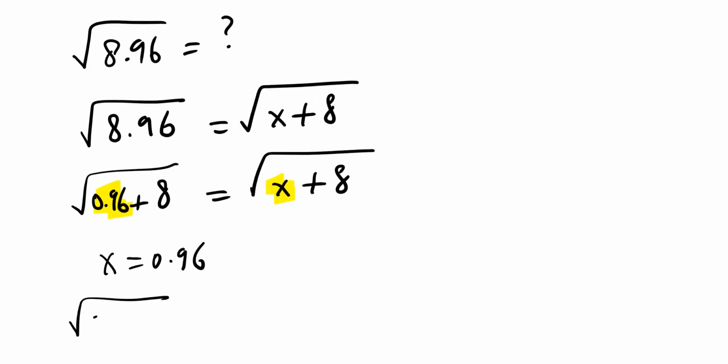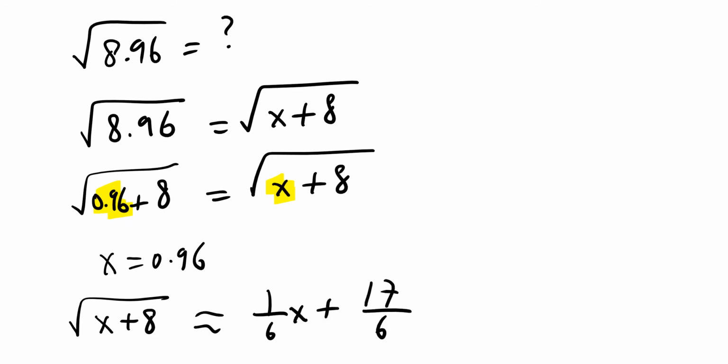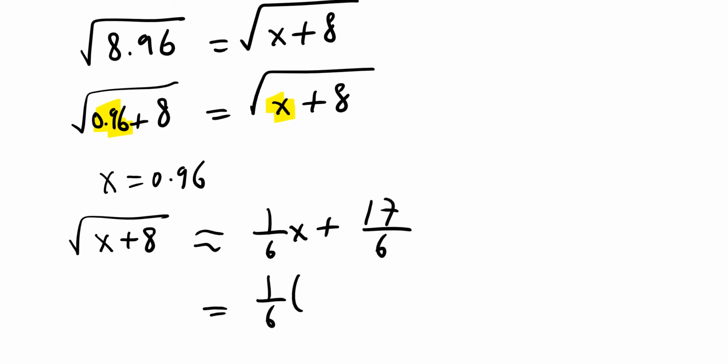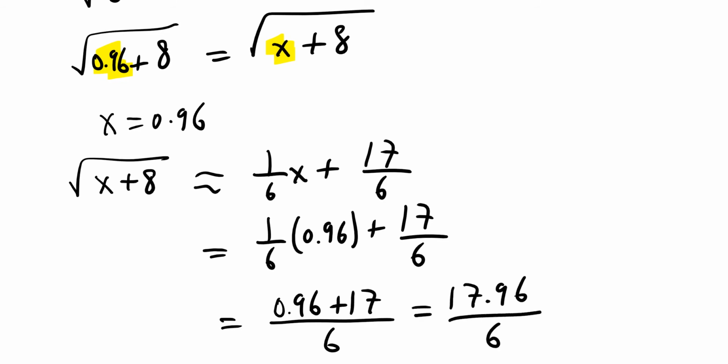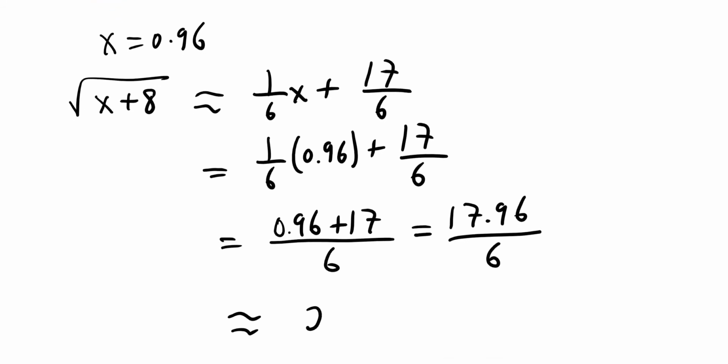I'm going to use that the square root of x plus 8 was approximated by 1/6 x plus 17 over 6. Substitute that in: 0.96 over 6 plus 17 over 6. If we take the common denominator 6, that gives 17.96 over 6. And if we divide that out, which is not difficult to do, we get about 2.99. You can check it on the calculator, and you will see that the calculator gives you a value that is really close to 2.99.